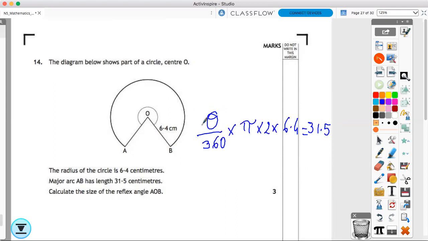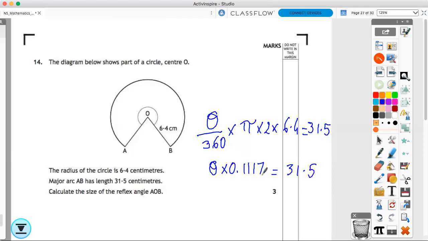The only thing you don't know this time is the angle there. So if I do 2 times 6.4 times pi divided by 360, I get something like 0.1117, equal to 31.5.